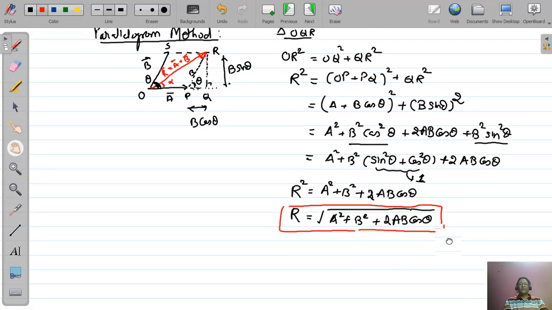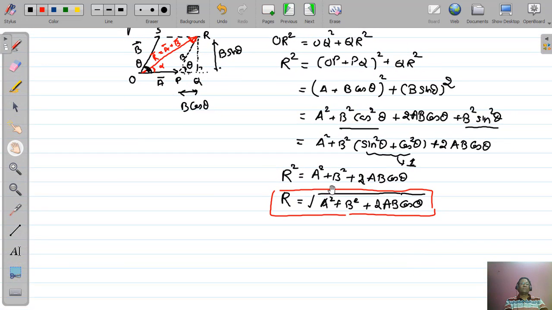Next, we have to find the angle between the vector R and the vector A, this alpha angle. So tan alpha equal to, if we take this triangle ORQ, we are considering triangle ORQ.